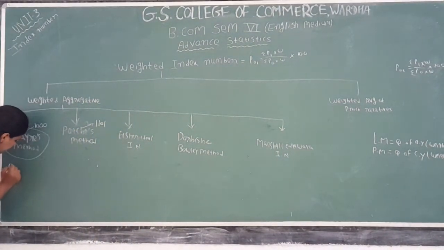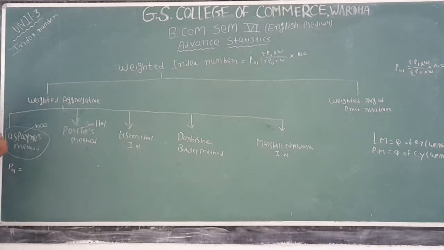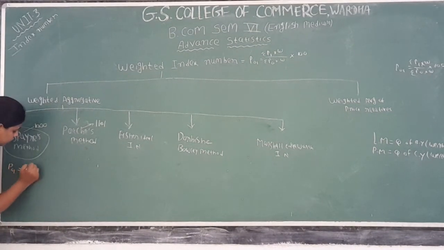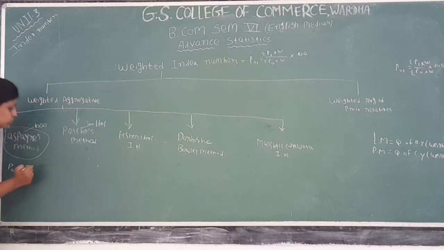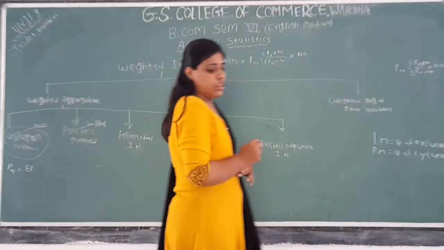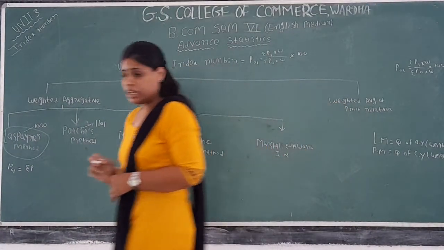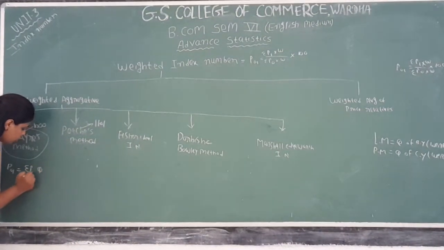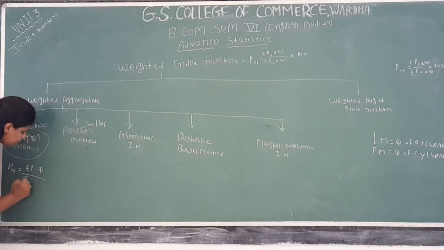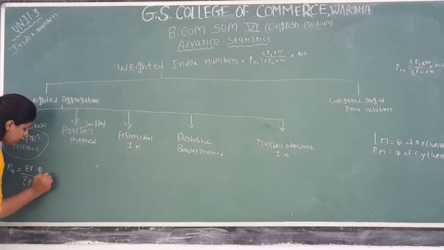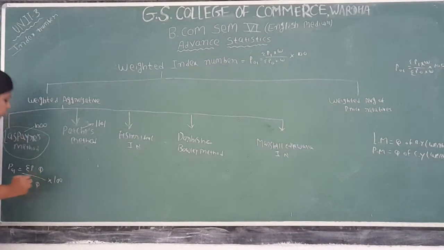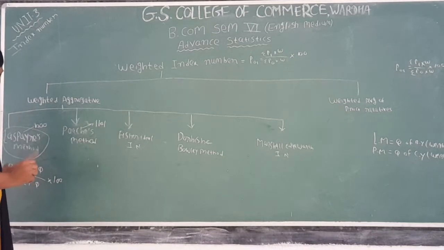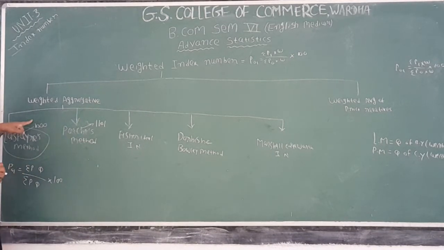P01 is equal to summation PQ upon summation PQ into 100. Why 1000?